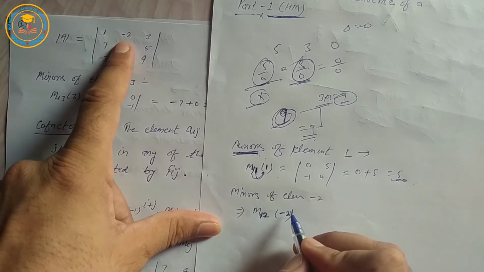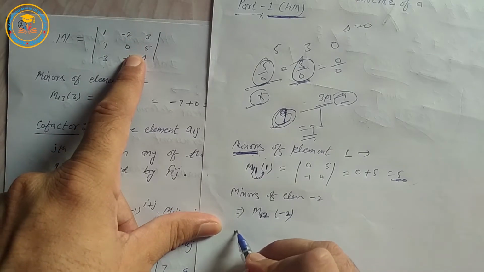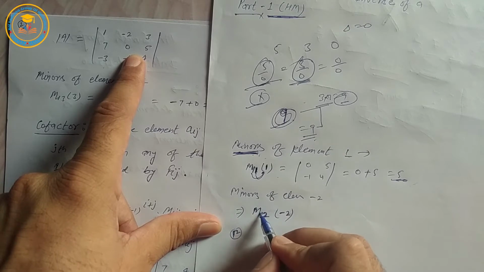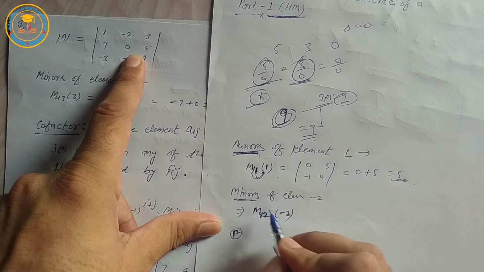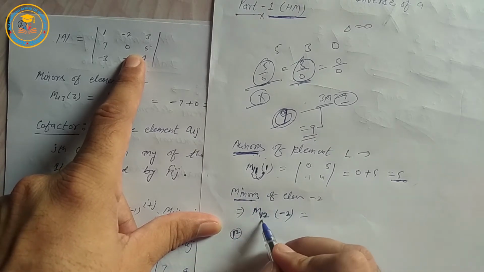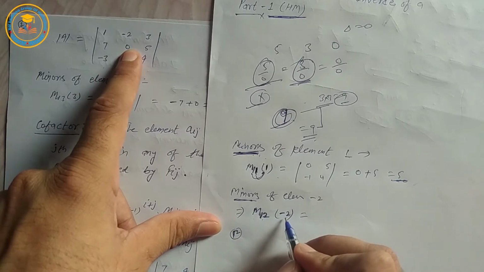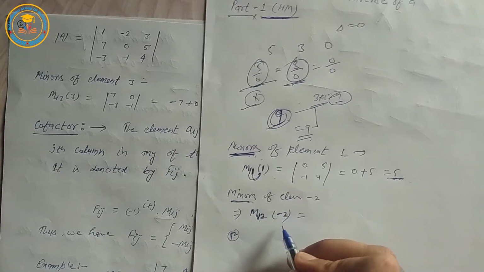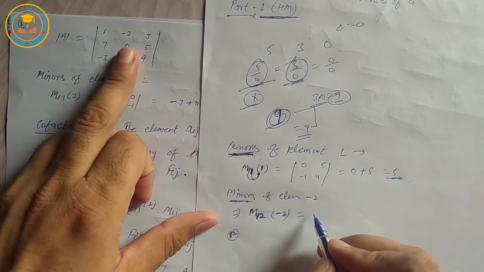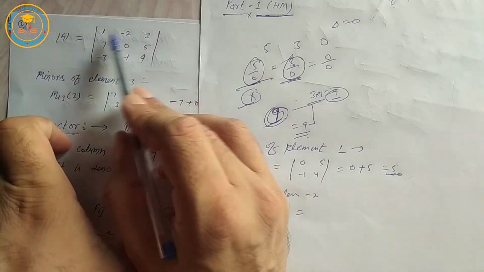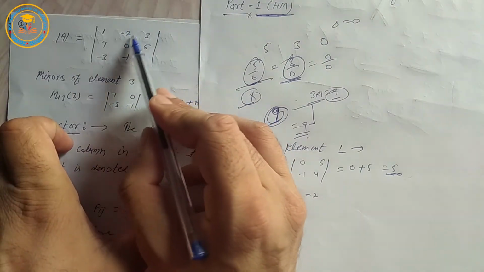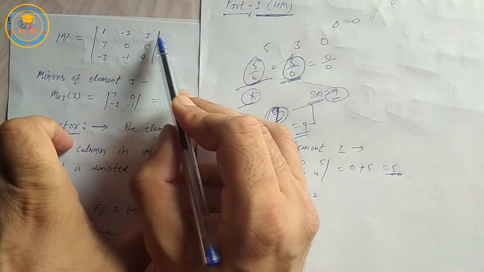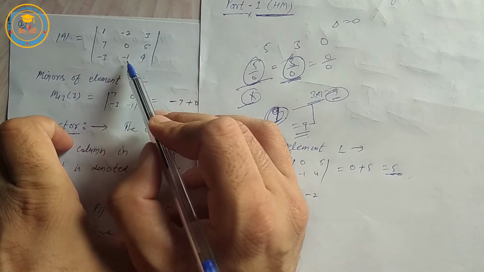Minor of element minus 2 is equal to leaving the corresponding row and column of element minus 2, that is row 1: minus 2, 3 and column: minus 2, 0, minus 1.